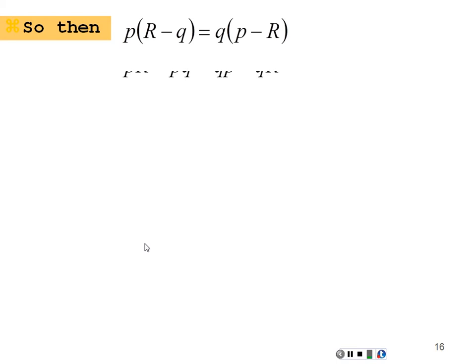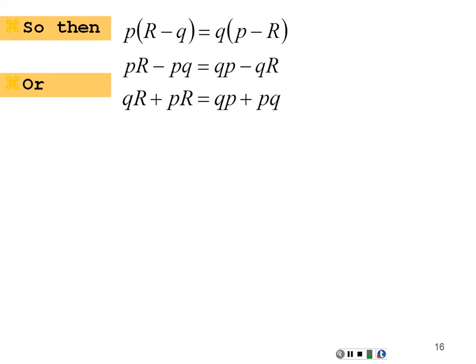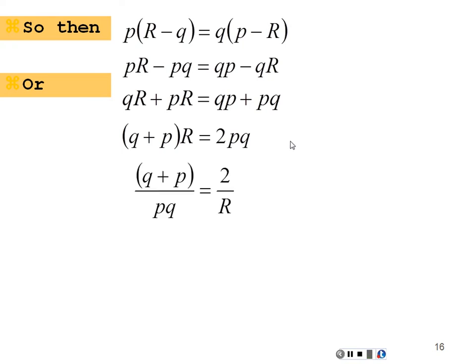we can proceed through these different steps, multiplying through, and then we'll divide and put all the q and p terms together, divide through by q plus p, and we have q plus p over p times q is equal to 2 over r.